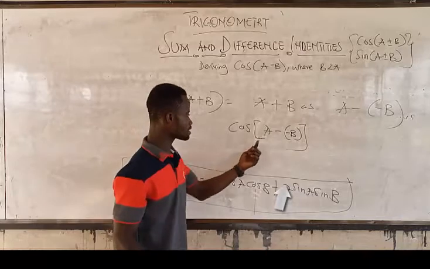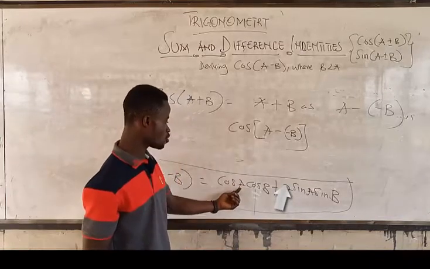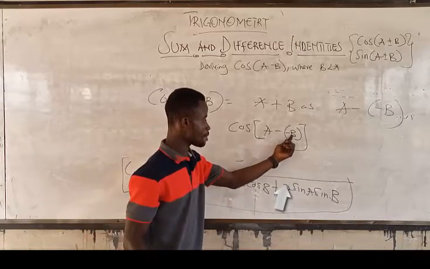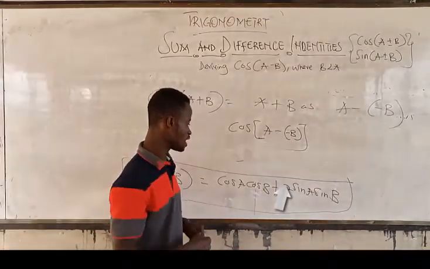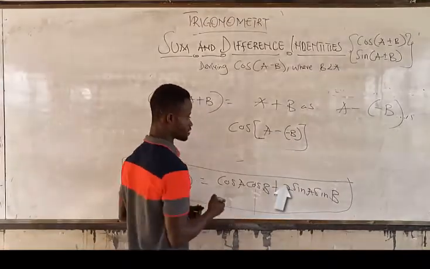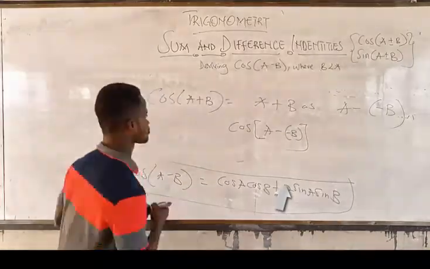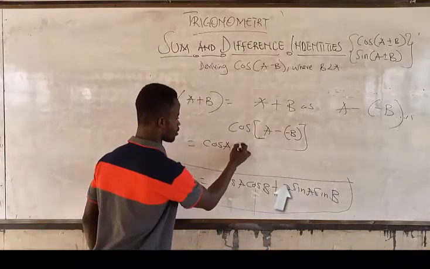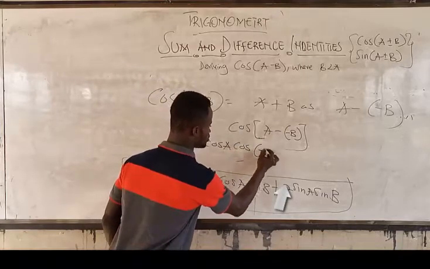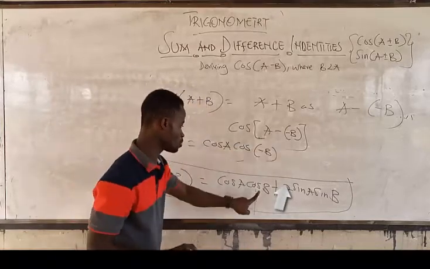So when you replace A by A here, no problem. B by negative B here. Here is going to be negative. So we are going to get this. Cos A cos negative B, right? We are going to replace that.